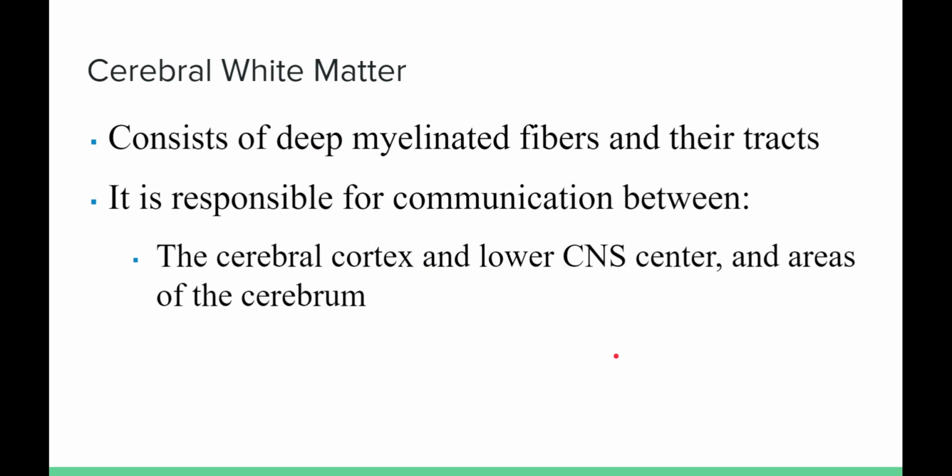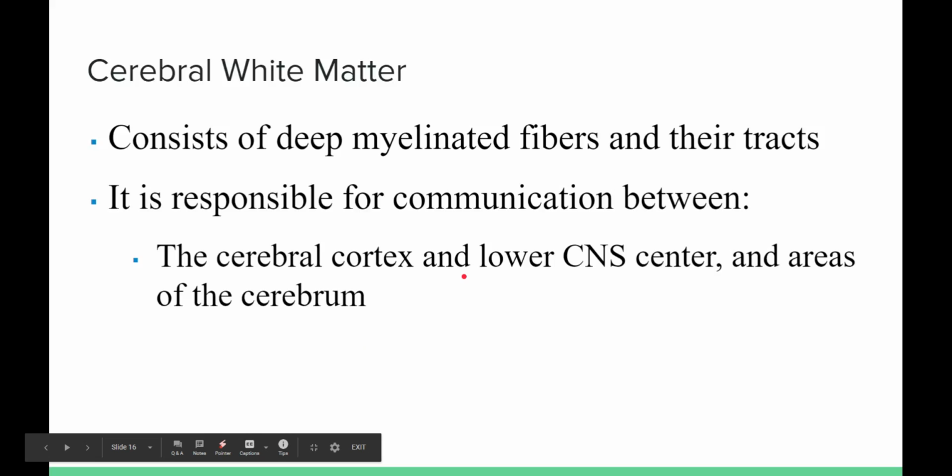All right. So you've got the cerebral white matter. Okay. That is deep to the cerebral cortex. That's the myelinated fibers and their different tracts, right? And that's kind of the telephone lines, basically, between the cerebral cortex and the lower central nervous system, and other areas of the cerebrum, right?